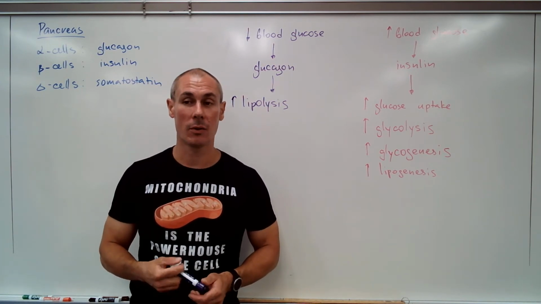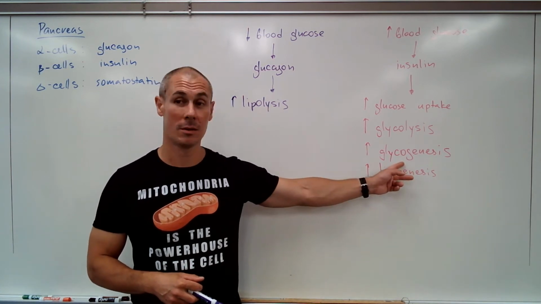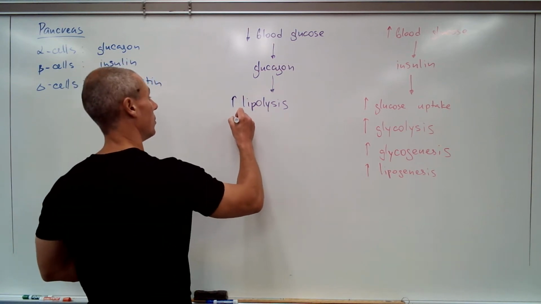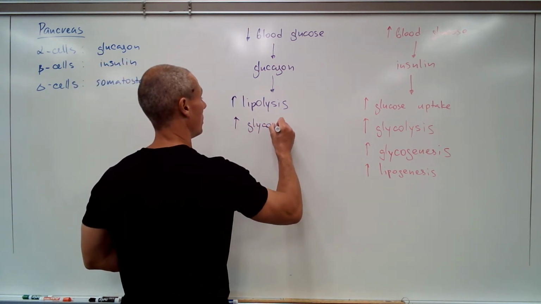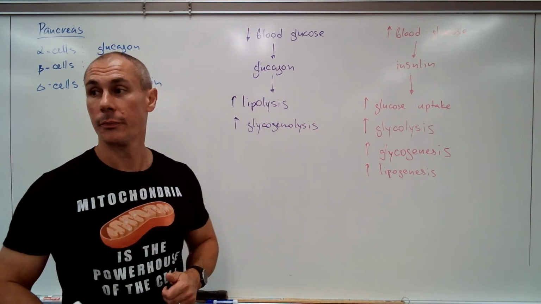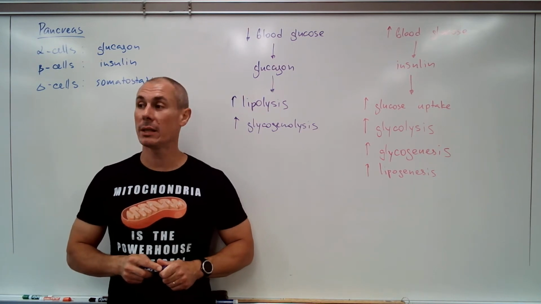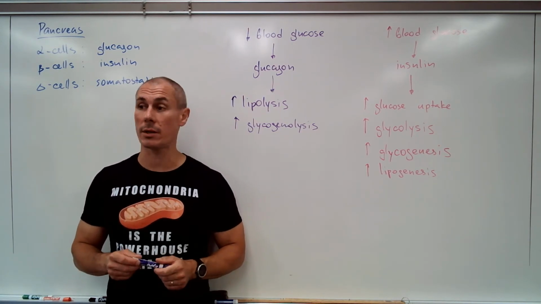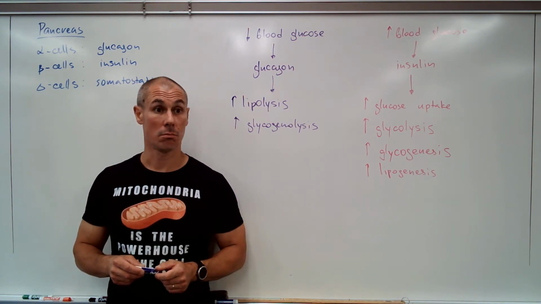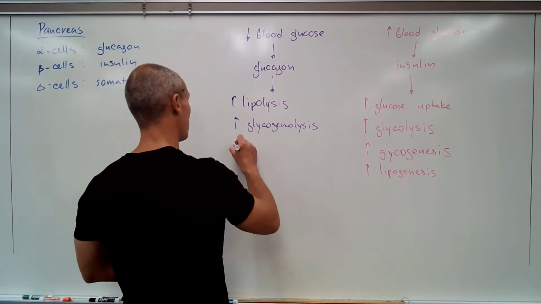What else can you break down? Can you break down glycogen? So, increased glycogenolysis. We're good? Can you make glucose from scratch? Yeah, sure, why not? So we call this process gluconeogenesis.